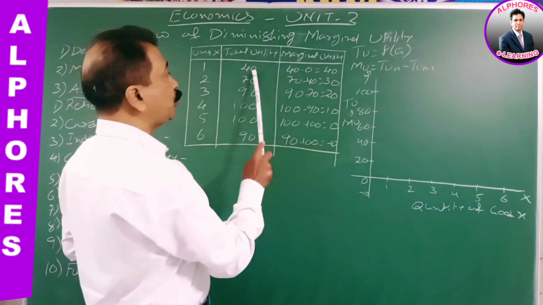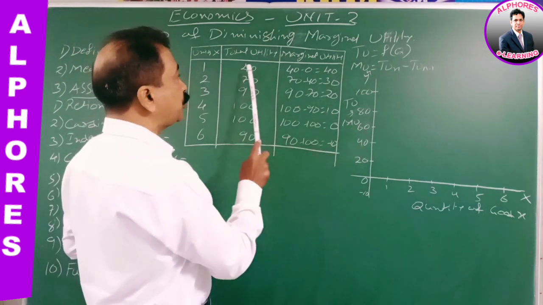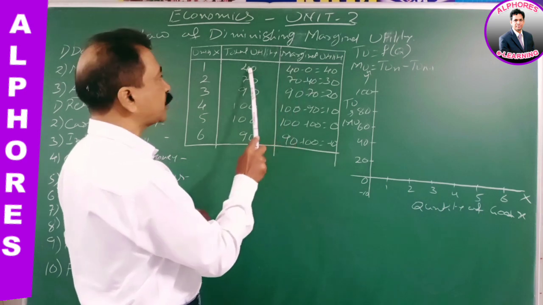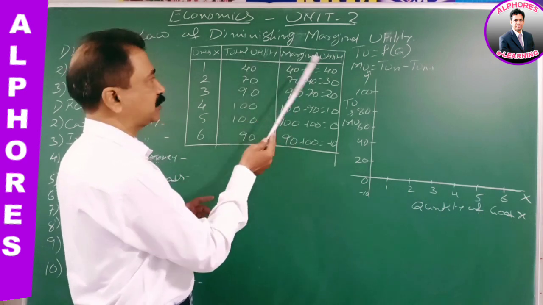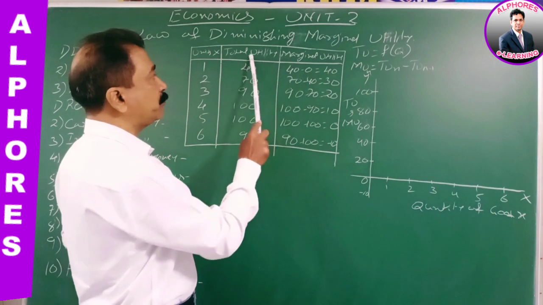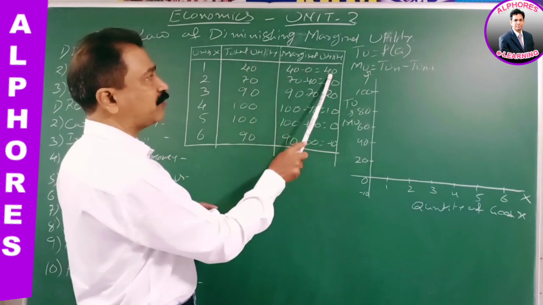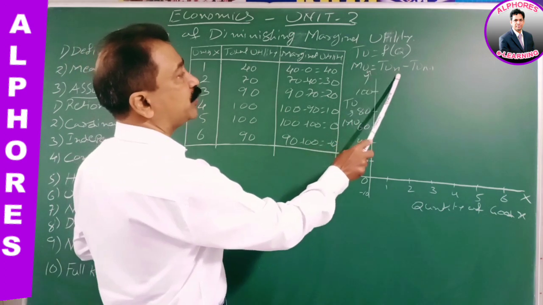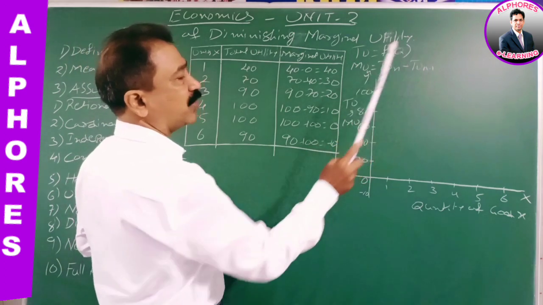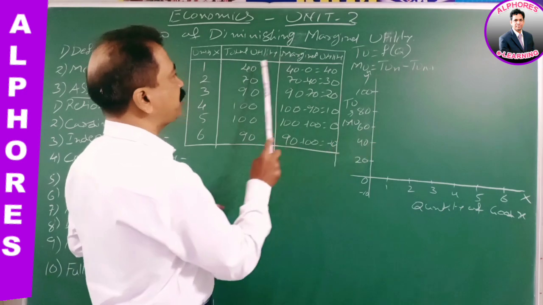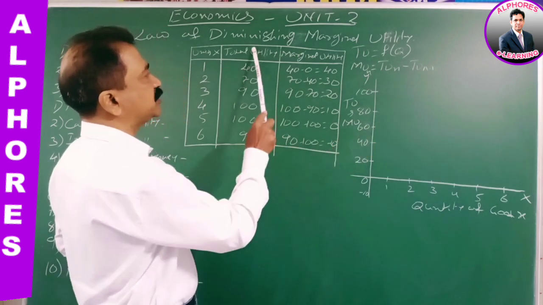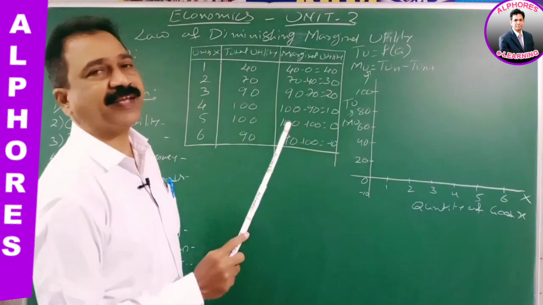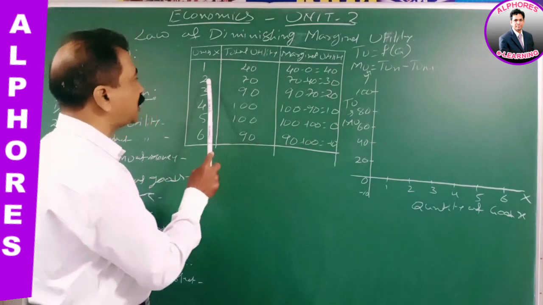How do you get the marginal utility? TUn, present one, minus previous one. Do we have any previous one? Nothing. So 40 minus 0. Previous is 0. You get 40 utils of marginal utility. MUn is equal to TUn minus TUn-1. Present is 40, previous is 0. So automatically the marginal utility is 40.